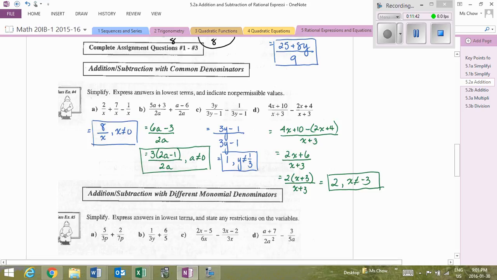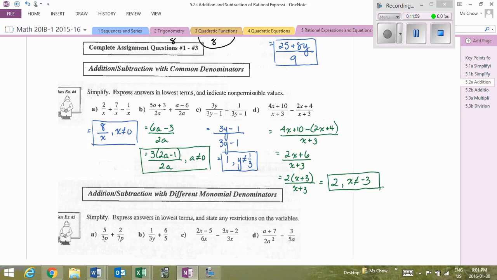For part C, once we subtract those numerators, we realize that numerator and denominator are the same, so of course that just equals 1, and the restriction, of course, being 3y minus 1 cannot equal 0, therefore y cannot equal 1/3.